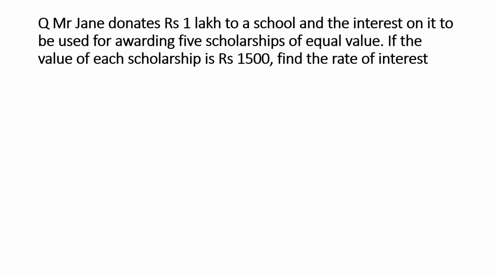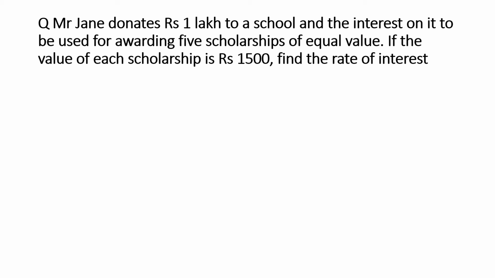Next question I am taking here. Mr. Jain donated rupees 1 lakh to a school, and the interest on it is to be used for awarding 5 scholarships of equal values. If the value of each scholarship is rupees 1500, find the rate of interest. Now the principal amount is given to us, rupees 1 lakh, and the interest on it is used to award 5 scholarships of equal value, and the value of one scholarship is rupees 1500.